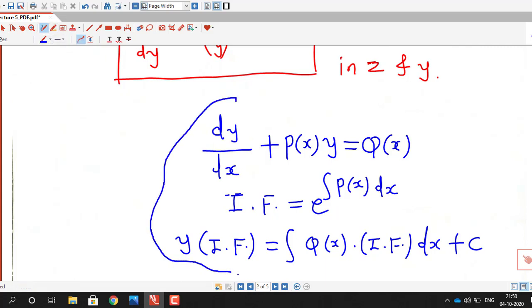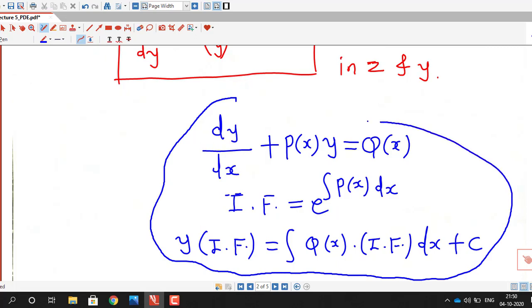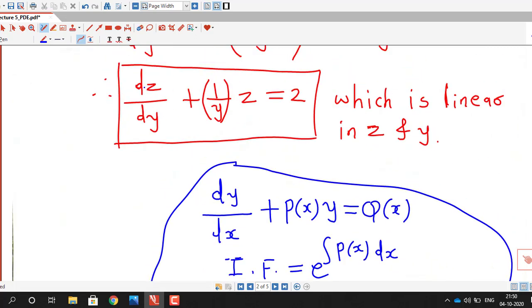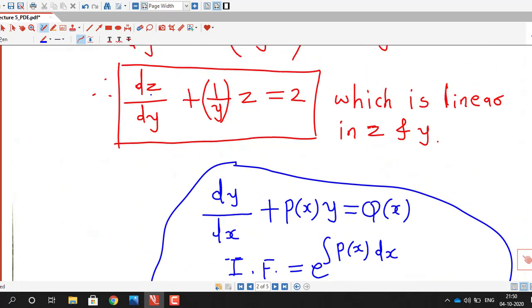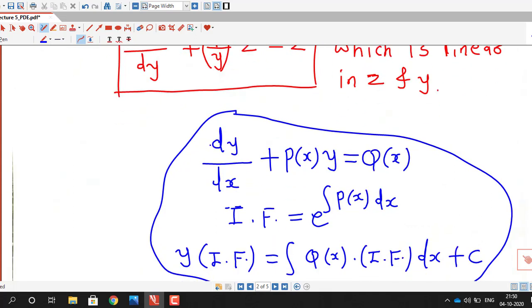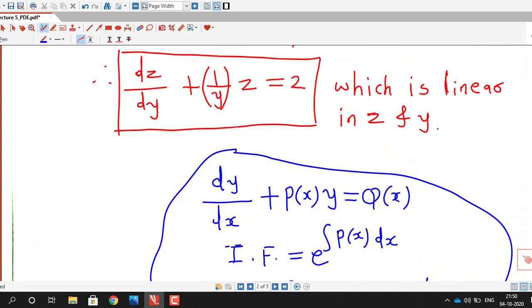So this is just the revision of how to solve a first order linear ordinary differential equation. We can use this to solve our equation. Now in our equation, instead of y, our dependent variable is z and the independent variable is y. Here y is the dependent variable, x is the independent variable. So instead of p of x, we have p of y, and the right hand side is a function of y, here it is 2.